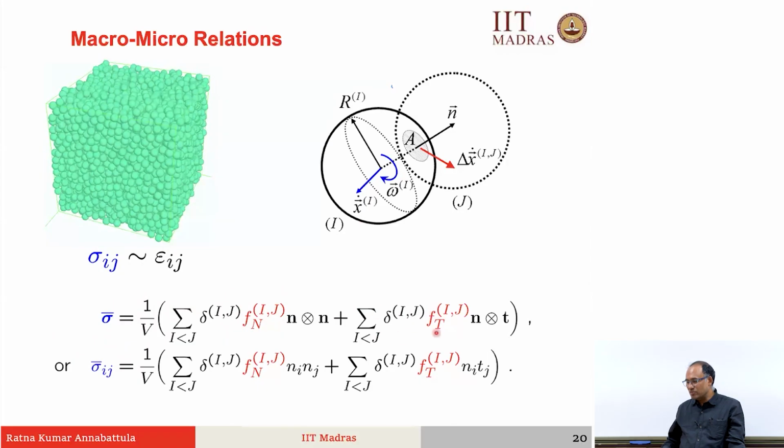Similarly, this is my normal contact force and shear contact force. Based on these values and the direction of the normal and the tangent, you can compute each and every component of the stress tensor. This is what we call a volume average stress tensor, which essentially depends on the normal force and the pairs i and j, with i less than j, for all the particles.